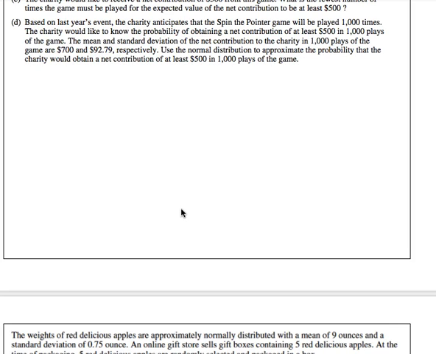Okay, so here it says to approximate this distribution as normal. So they're saying approximate it as normal, where you get $700 with standard deviation 92.79. They're saying that this models approximately that distribution.